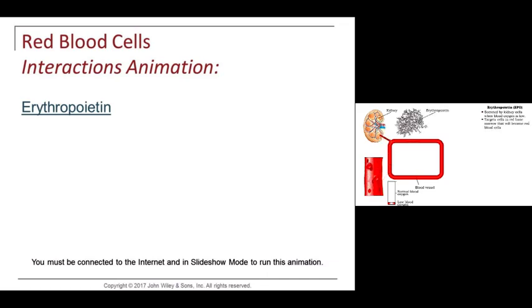EPO targets precursor erythrocytes in the hemopoietic tissue and causes them to differentiate and proliferate. Increased numbers of mature red blood cells are released into the blood, increasing its oxygen carrying capacity. Blood oxygen level is restored to normal.